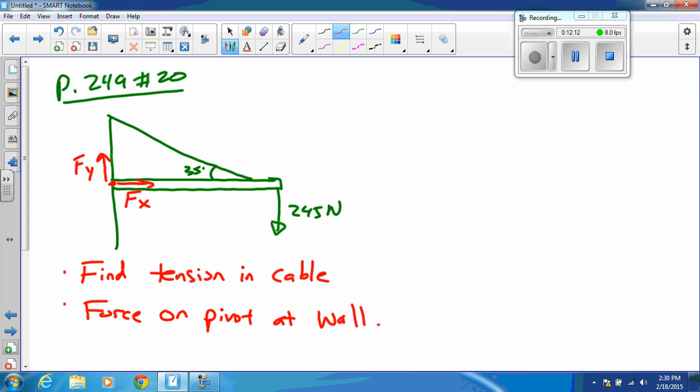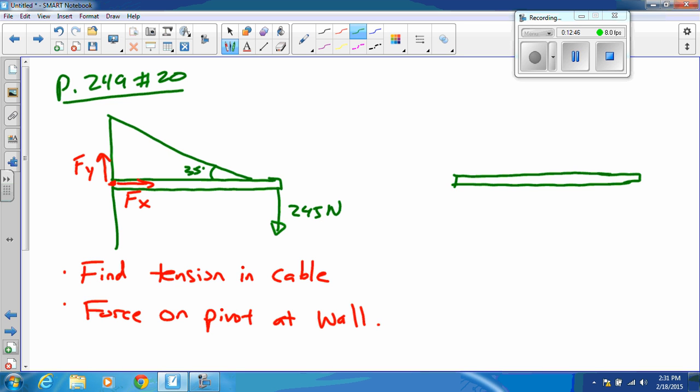Okay, and so there we go. So let's see, how are we going to start? We're going to need a free body diagram with all the forces marked here.